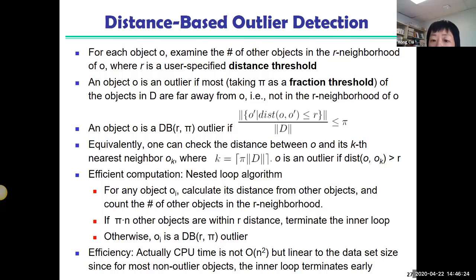Just detect whether within the R neighborhood there is a threshold number of points. So the intuitive understanding of this is basically whether the distance between O and its k-th neighbor is greater than the radius parameter that we have.